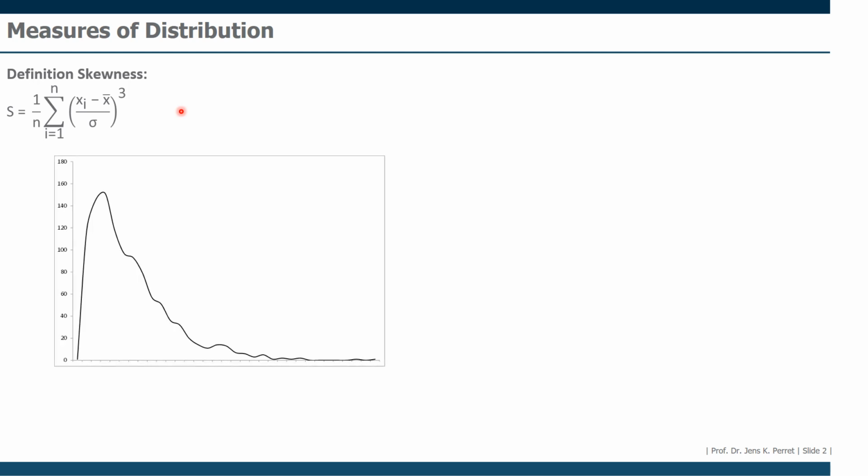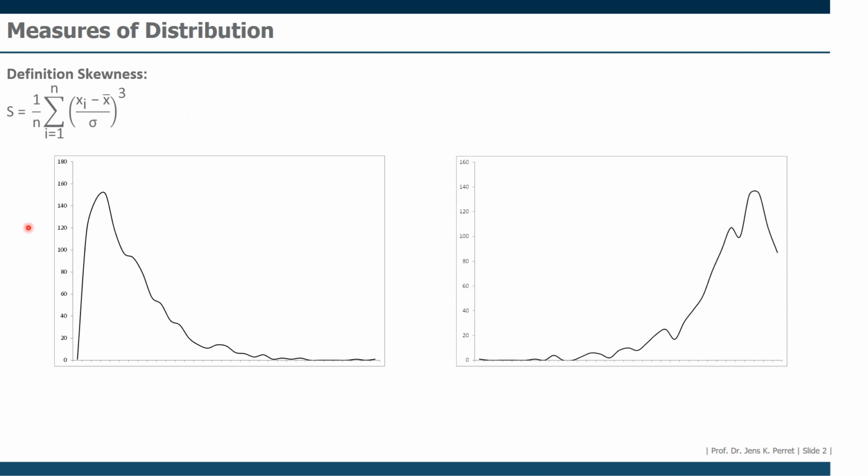Well, what does the skewness tell us? The skewness tells us what the distribution looks like. Are most of our values somewhere in the lower valued area or in the higher valued area, or is this more or less a symmetrical, evenly distributed random variable?